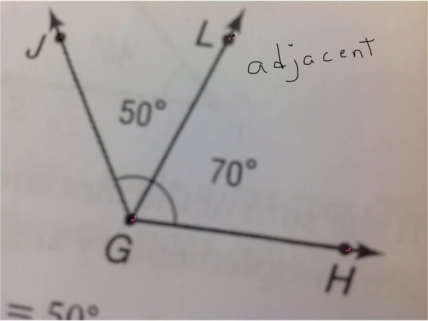They share this ray, and anytime two angles share a side, they're called adjacent angles. So in this case, angle JGL is adjacent to angle LGH. That means that they share their center ray.